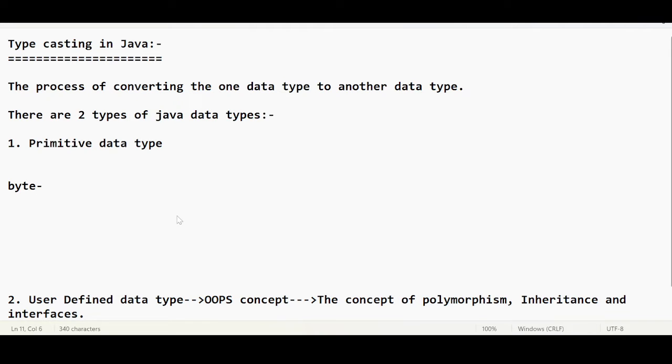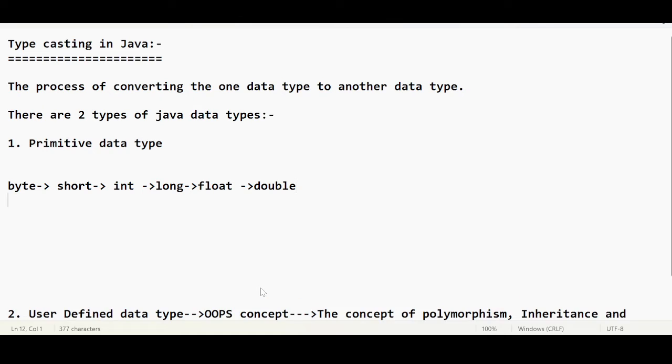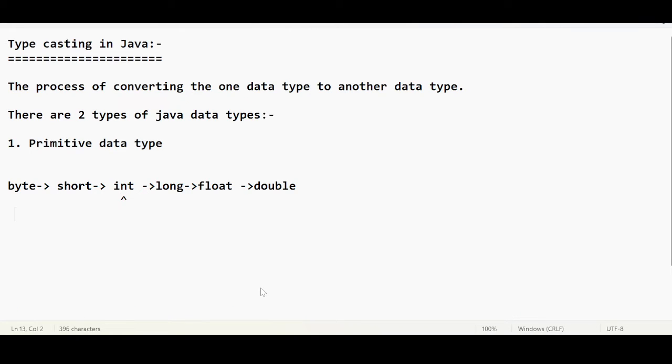Byte is the smallest data type under the integer category, followed by short. And we have integer, long, float, and double. And this is the promotion chart. We'll explain what this is in a while.